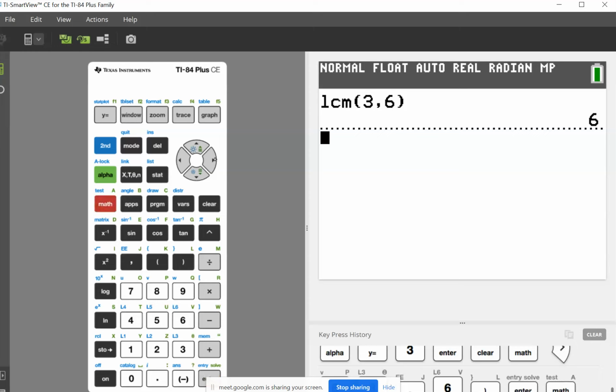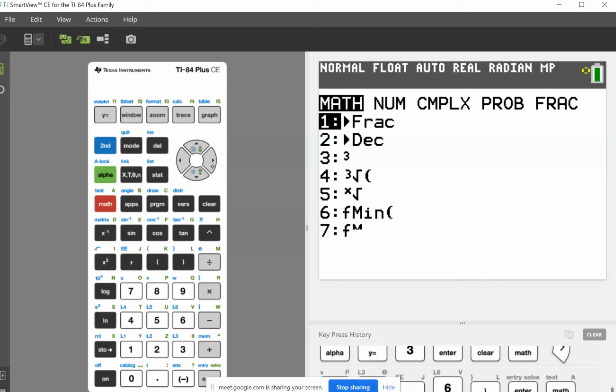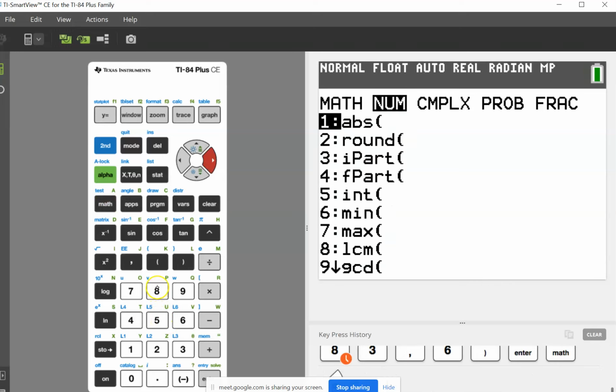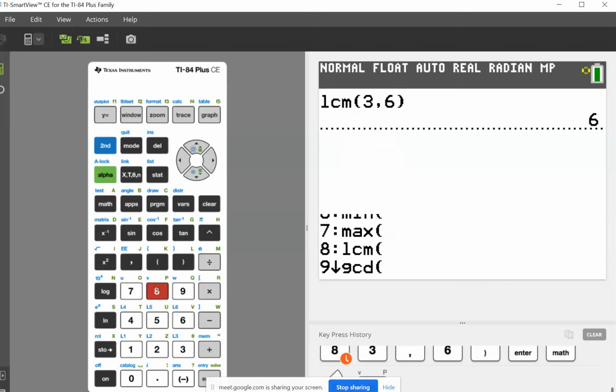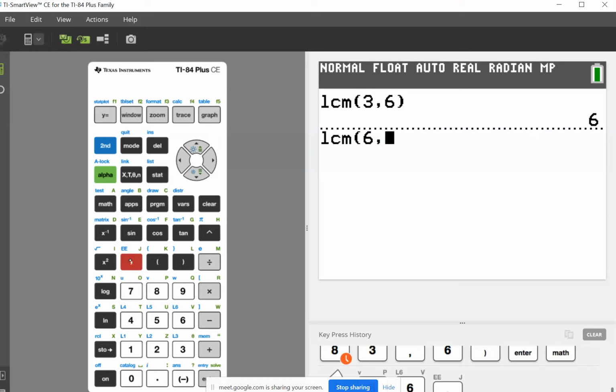I'm going to repeat the step, Math, arrow right, choose number 8. When you have a third number, you take the answer from the first 2, and then our third denominator was a 4. So our least common multiple for these will be 12.